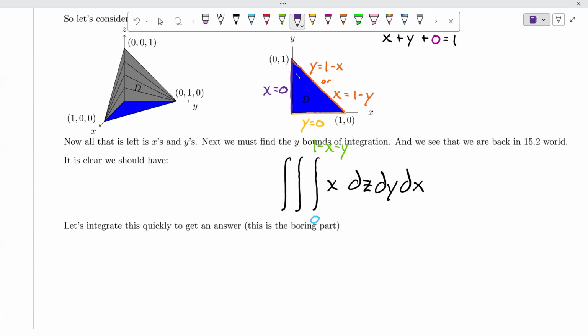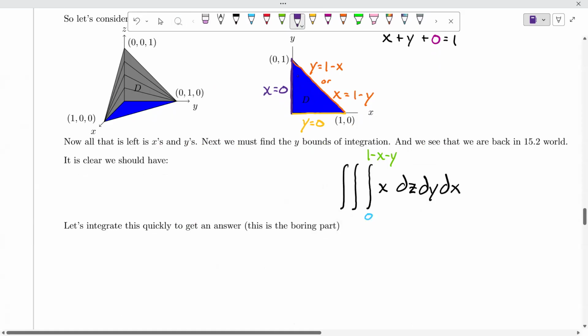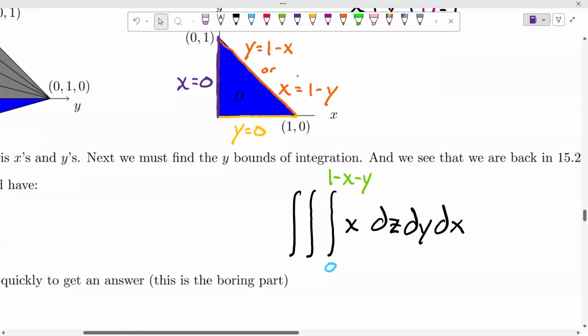And it's a little too big for this space, so shrink it down just a little bit. Add in our final limits. So we're doing y second, which means I need my y boundaries. Now from bottom to top, it's 0 along the bottom because I have y equals 0, and 1 minus x on top.